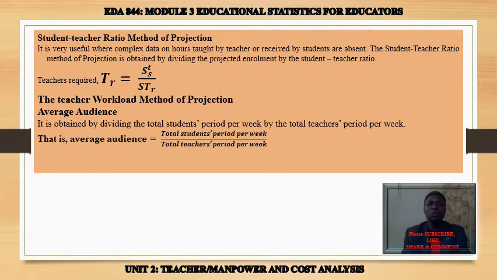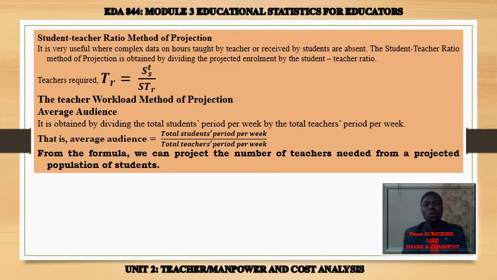So if we want to determine the average audience, all we need to do is to divide the total students period per week by the total teachers period per week. This will give us the average audience. From the formula, we can project the number of teachers needed from a projected population of students.